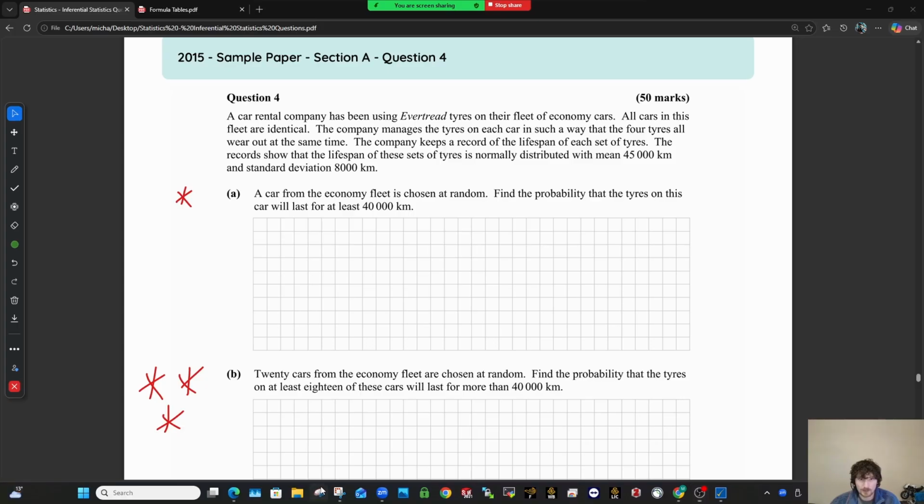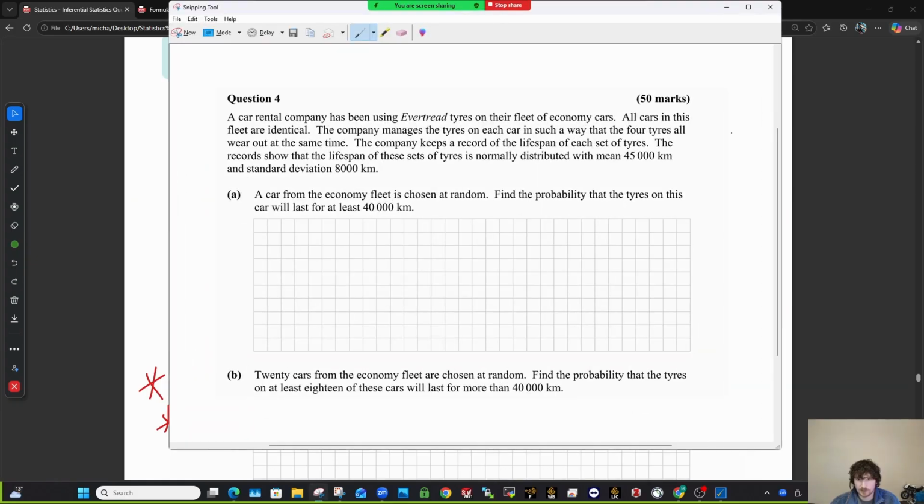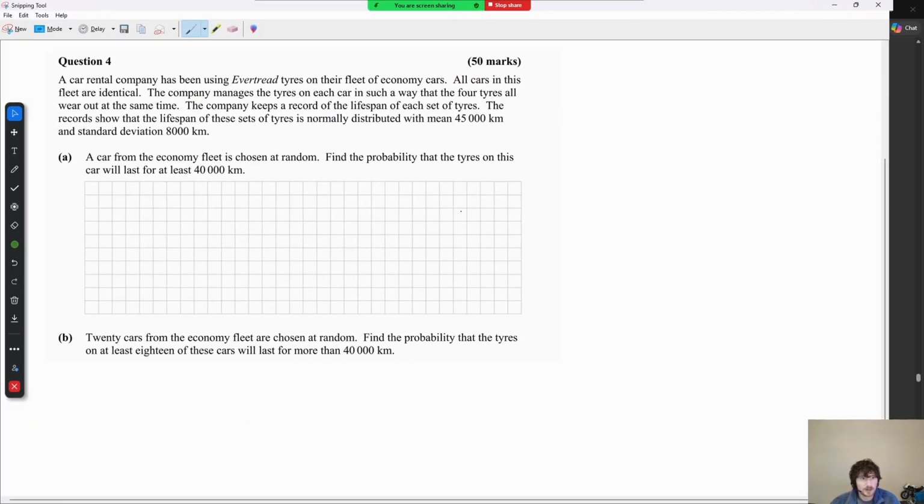Okay, so let's get set up for this. So it starts off as a pretty standard statistics question where we're told some car rental company manages tires in a way that 4 tires all wear out at the same time. The company keeps a record of the lifespan.